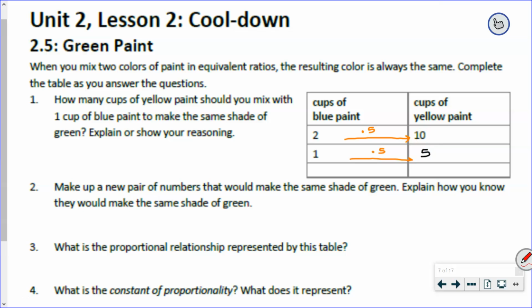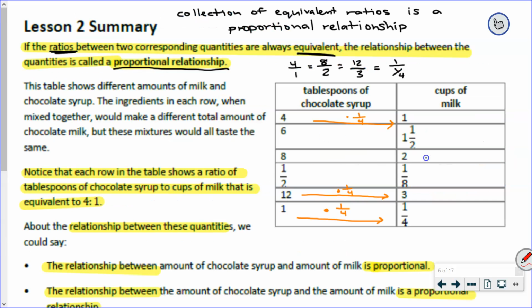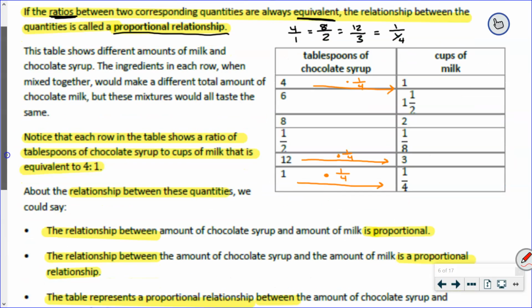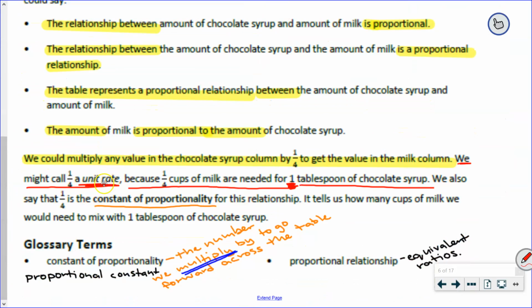It's not asking this question. What is this called when I see that 1 in the table? What is that called? Good, Addie. Unit rate. What is it called when we see that 1 in the table? Unit rate.